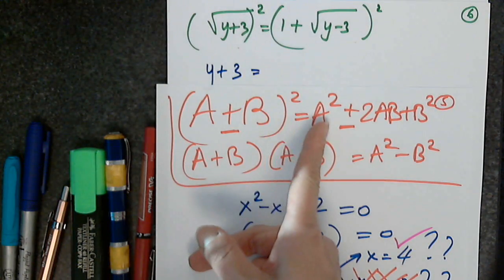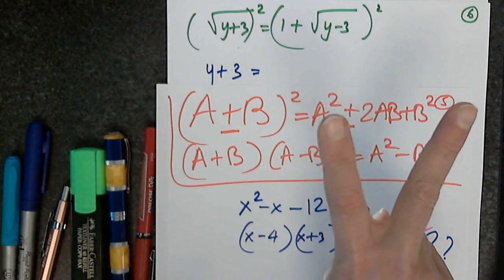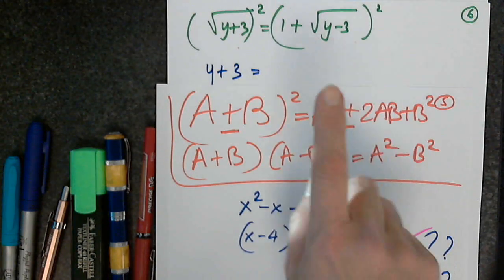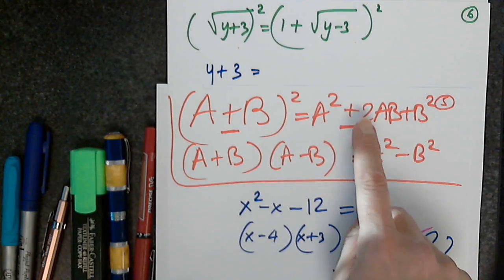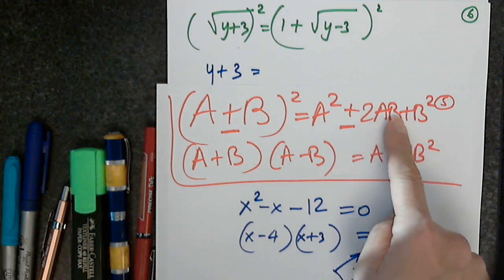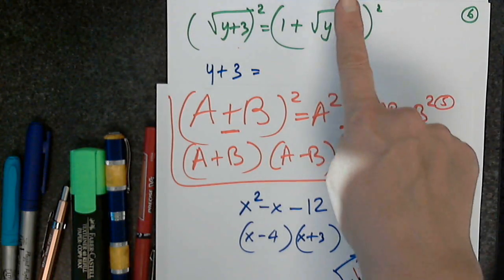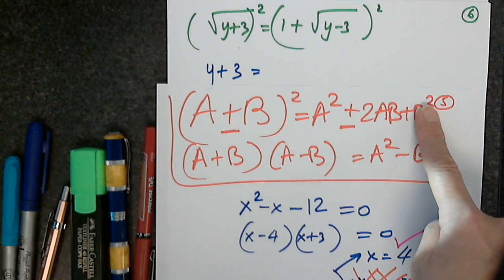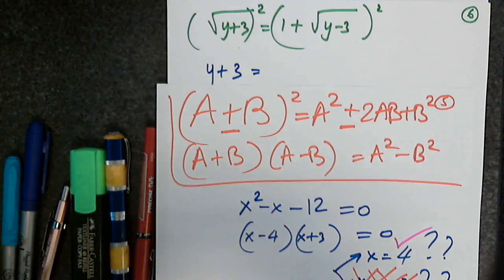The first term squared, plus 2 times 1 times the square root, plus this squared.